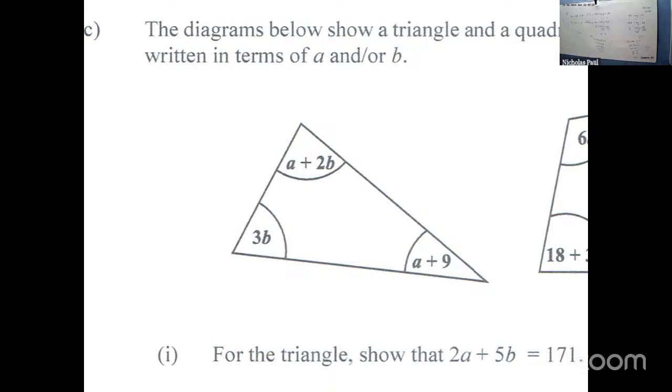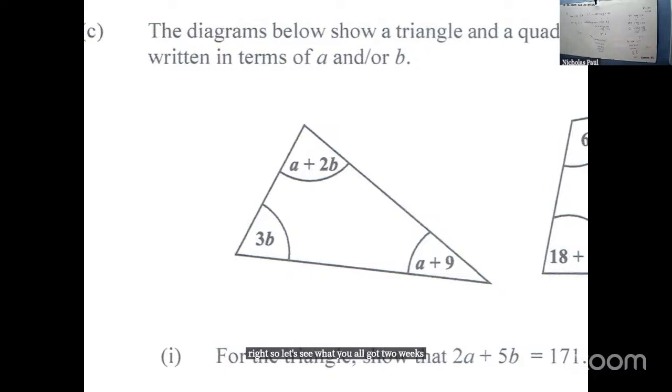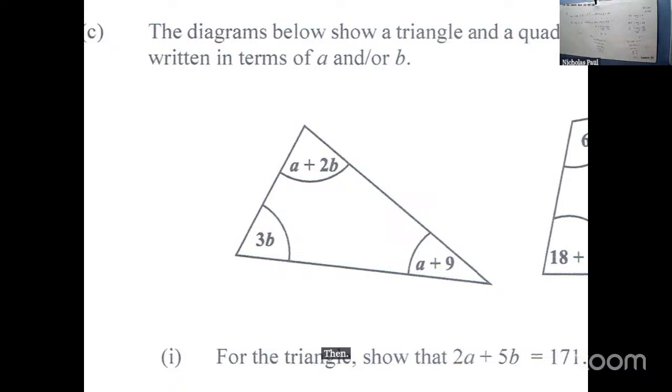Right, so let's see what you all got: 2A plus 5B. You got it? That's right. Let's see what you got. So you got A plus 2B plus 3B plus A plus 9 equal to 180.